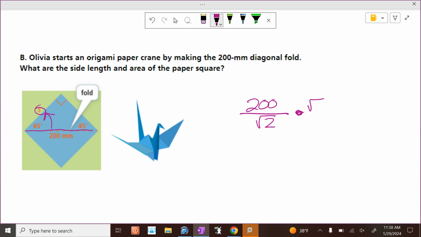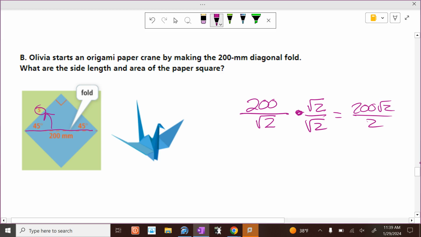So then you multiply top and bottom by square root of 2. So it's 200 square root of 2 over 2. And then 200 divided by 2 is 100 square root of 2. And now let's change this into a decimal, just to see what the decimal equivalent is.